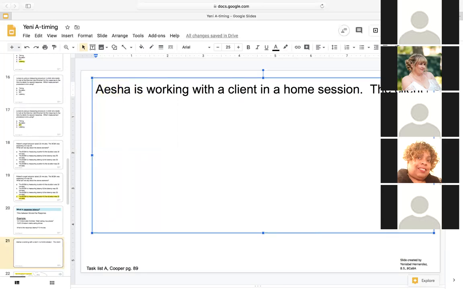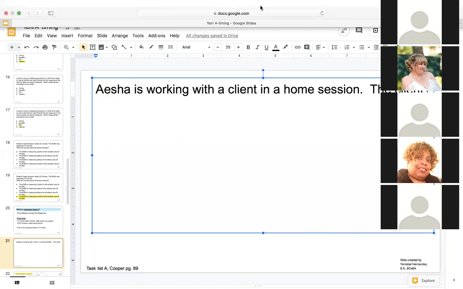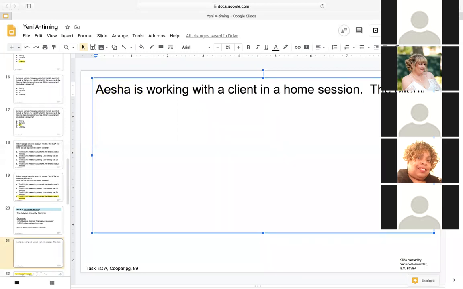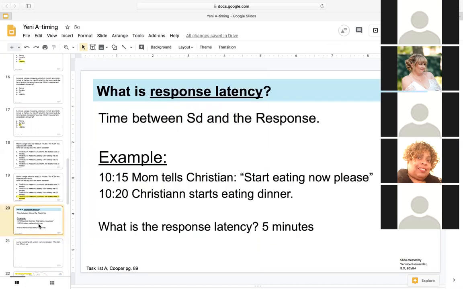The client, so I guess we're sitting at the table. The client has difficulty paying attention. Keep it simple. A way to keep it simple for me when it comes to latency is to think of school exercises, like a math sheet, just because you want to test that you know this. Then you can build on it and make it more and more difficult.